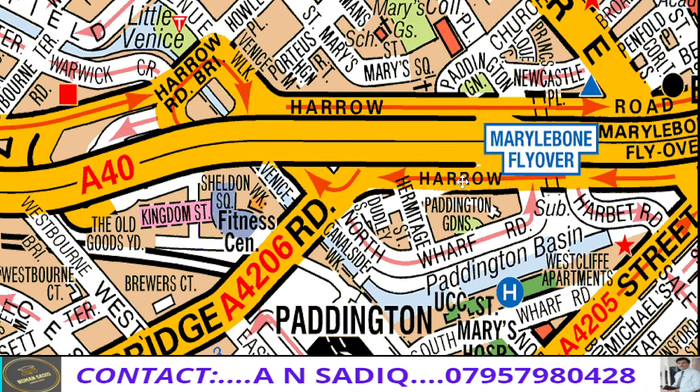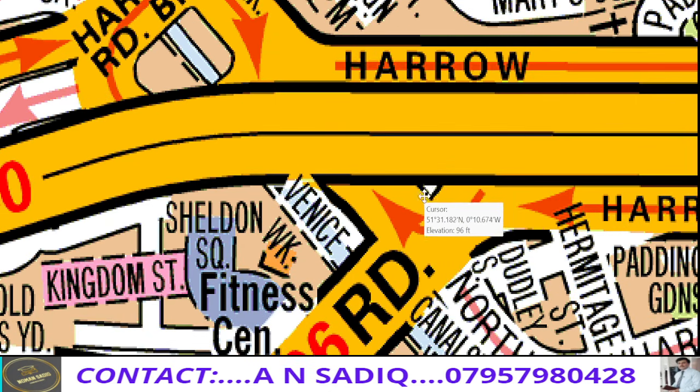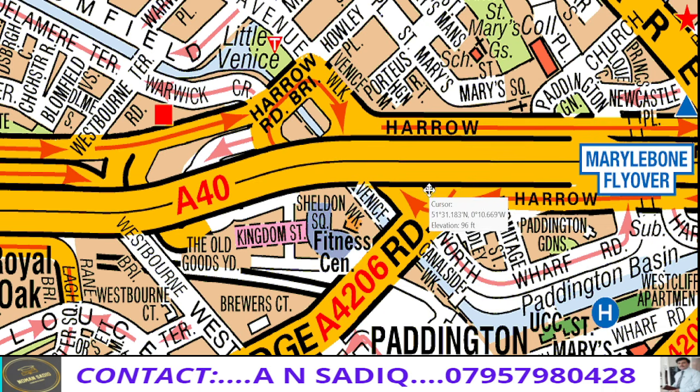So you will come here, and when you reach here, this area is very tricky. So please try to understand this area very carefully. Here, this road is actually part of the flyover, and these are two roundabouts. This is the flyover. This is actually the roundabout underneath.